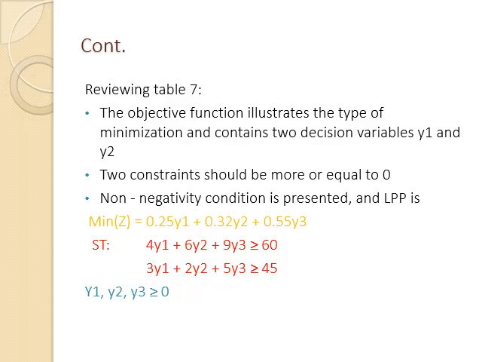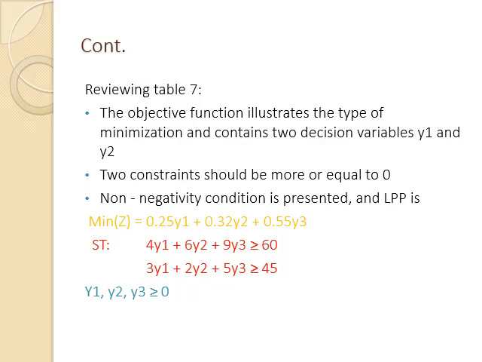D'accord? And sometimes we get constraints equal to, just equal to, not less or equal or more or equal. In this case we have two options. Either more or equal or less or equal.